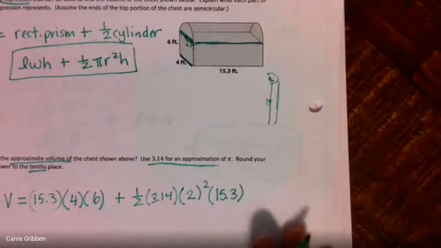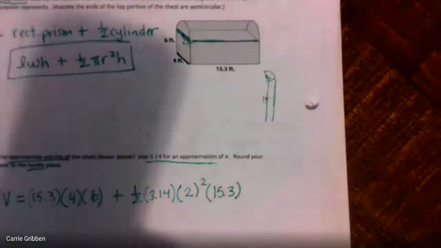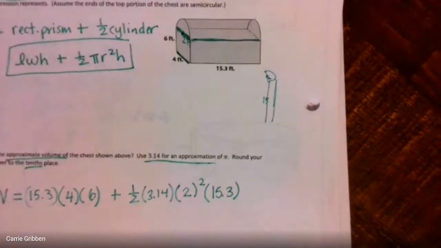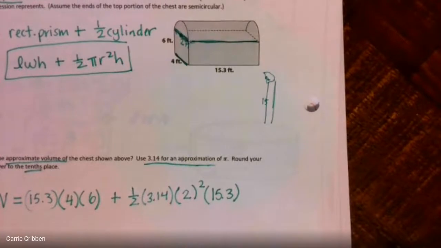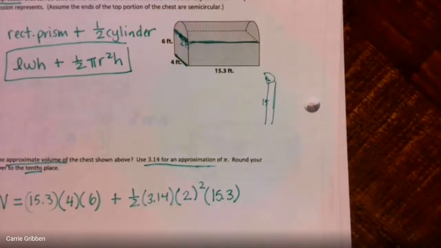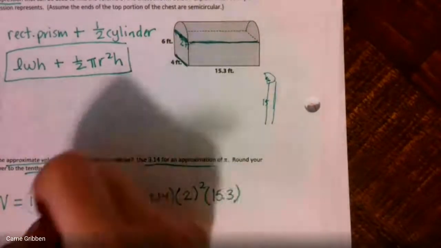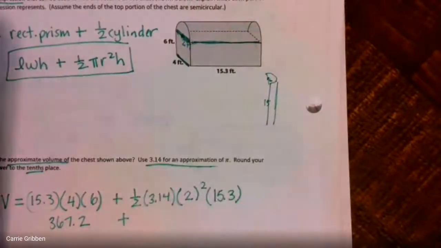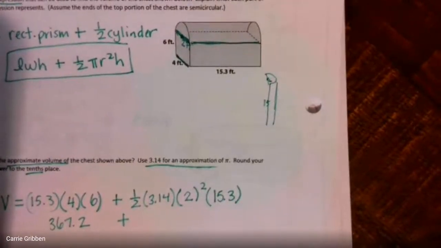Okay? All right, and then it's a matter of just taking your calculator and plugging that all in. So if I do that on my calculator, I'm going to do it in 2 sections. 15.3 times 4 times 6 equals 367.2. Plus, and then I'm going to come over here and do 0.5 times 3.14 times 4, because I already know 2 squared is 4, times 15.3.